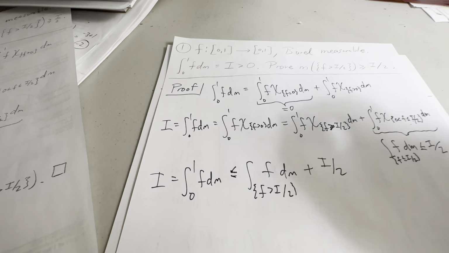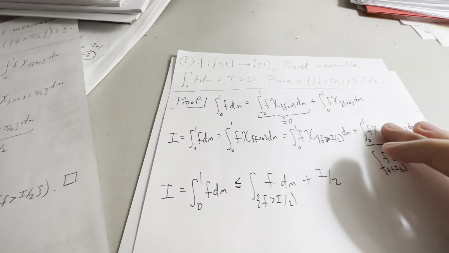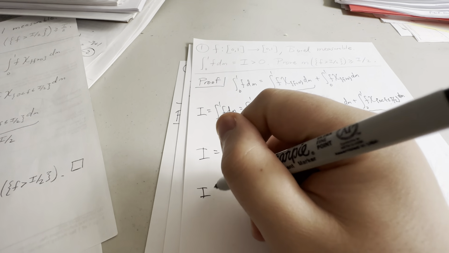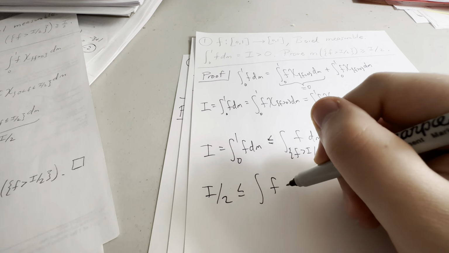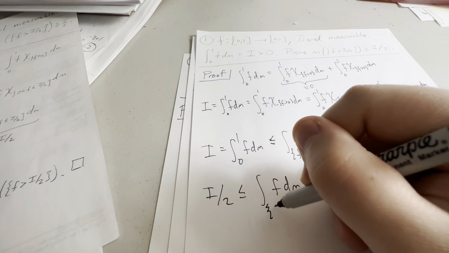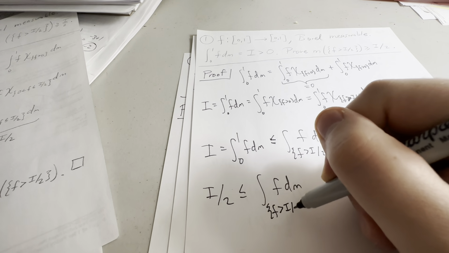But then I can just subtract this over to the other side. So I have I over 2 is less than or equal to the integral of f dm over f bigger than I over 2.